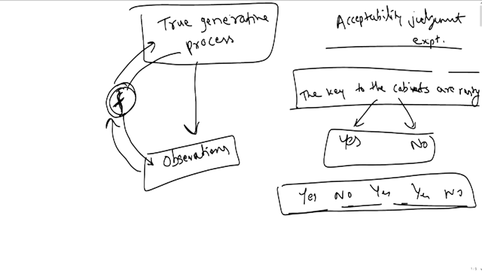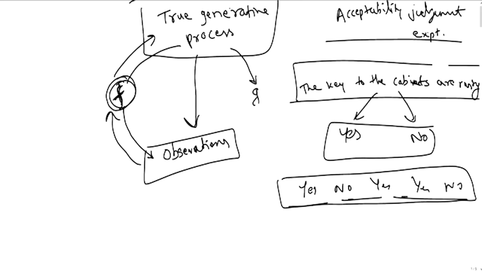But there is a problem here, because you are making this assumption f, you might be wrong, right? So someone else can say that, well, your assumption is wrong, a better assumption is g. So let's say an opponent researcher in the field says that the observed data in this experiment is coming from a generative process g, not f.